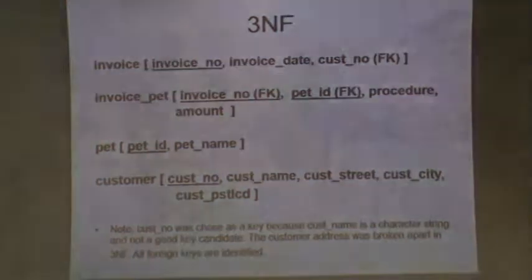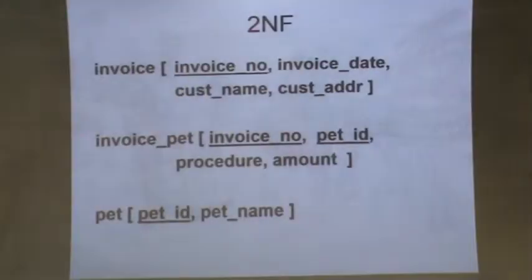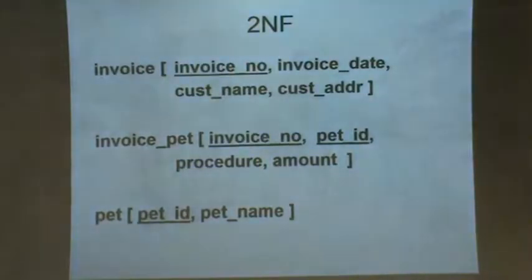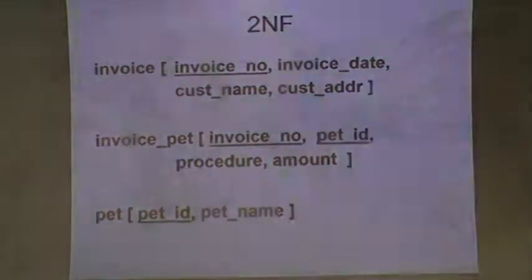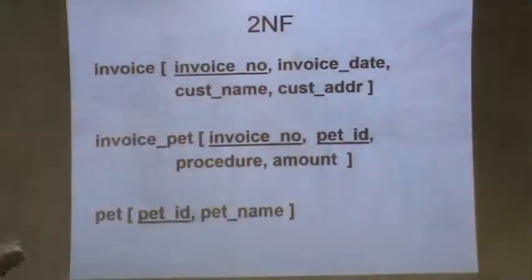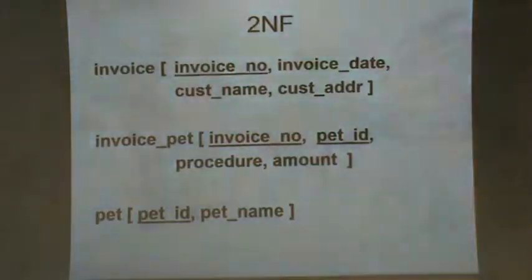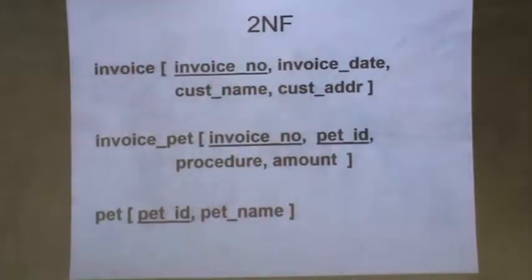Again, up to 2NF, the first table has customer name and customer address, and it is not a good idea to always keep them with the invoice number or invoice date, because one customer can come a second time within the same day.